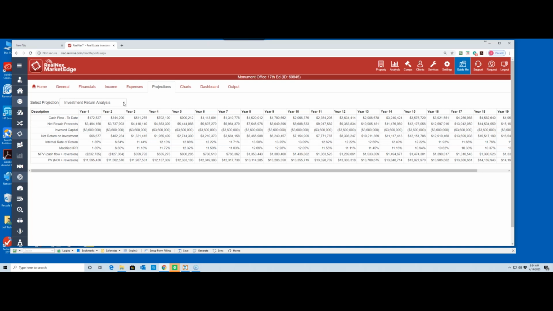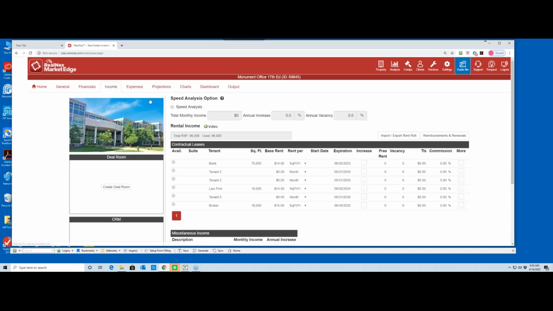Is there a way to import T12 P&L from owner's Excel? Yeah, I was showing you on the income tab, we can import our rent roll. As long as you had the same labels here, it would pull it right in. So you would just have a spreadsheet with a column labeled the tenant, the square feet, the base rent, and so forth, and it would pull the information right in.